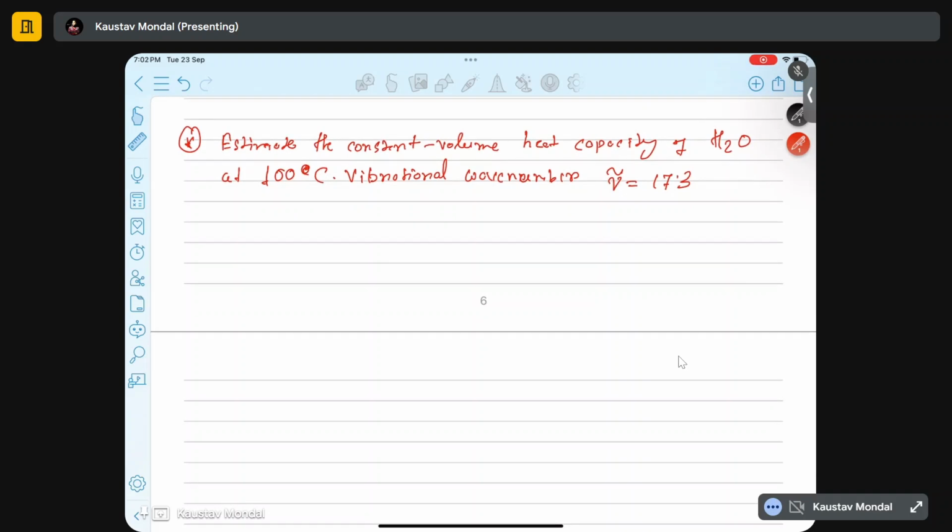The rotational constants of the H2O molecule are 27.9, 14.5, and 9.3 centimeter inverse. So these are all in centimeter inverse.